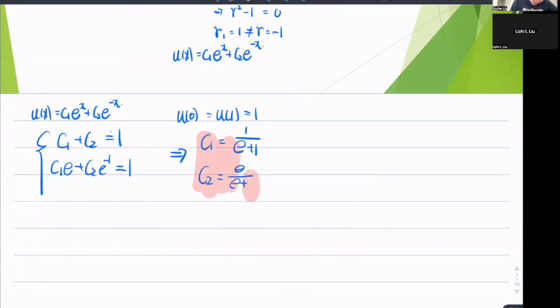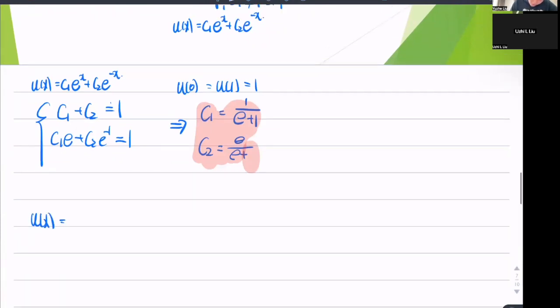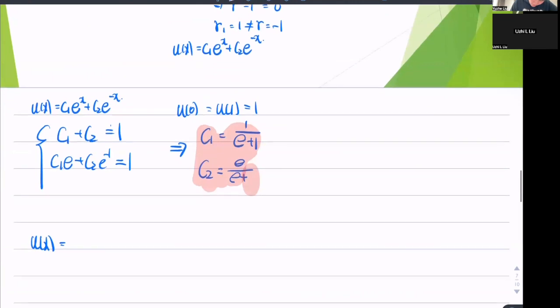So recall our function u of x, with c1 and the exponential term.